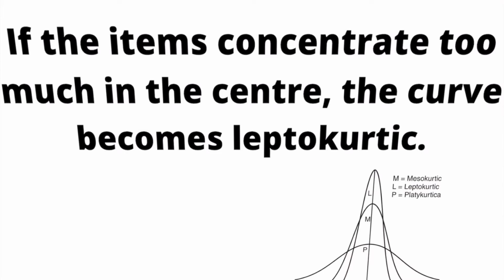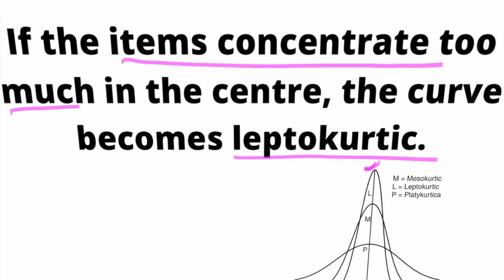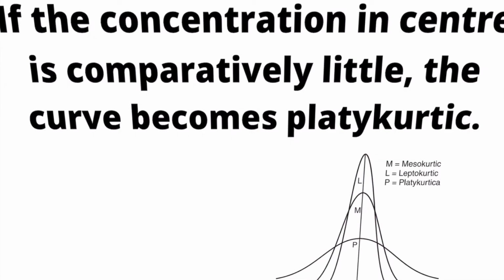So how many types of kurtosis are there? Leptokurtic, the first type of curve, where the items concentrate too much in the center. So this type of curve is called the leptokurtic curve. This curve is the leptokurtic one. If the concentration in the center is comparatively little, then the curve is platykurtic.